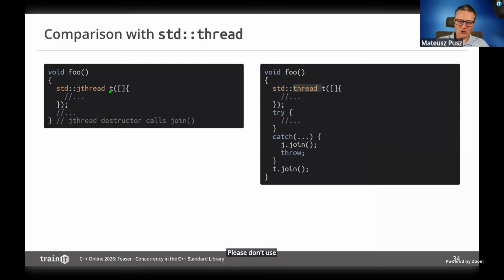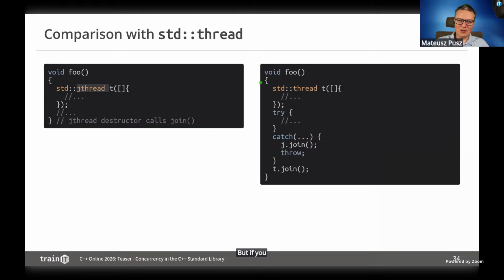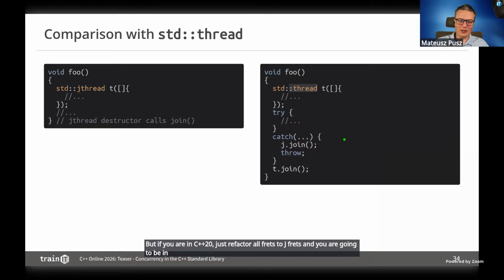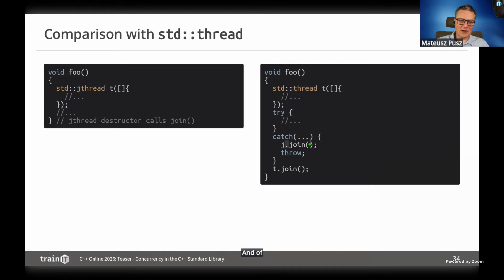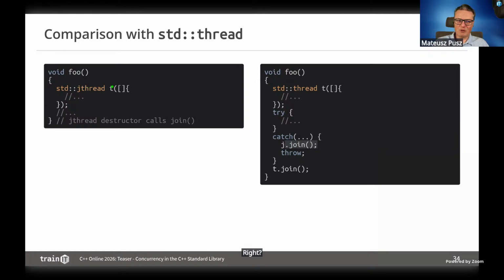You can detach a jthread as well if needed, and then of course, it will not join. But if you are in C++20, just refactor all threads to jthreads and you are going to be in a better place right away. And if you have explicit joins in your code, it's not a problem. You can leave them or remove them later on. There is nothing wrong with having them explicit, because a jthread, if it's already joined, will not join again.